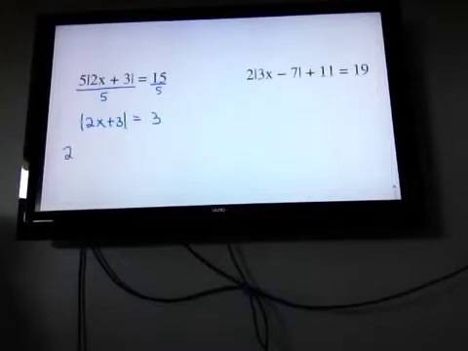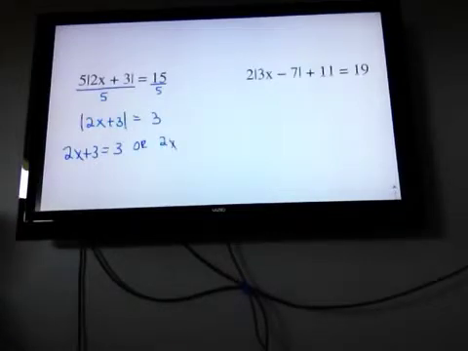So case 1, just drop off those bars. And in case 2, we switch that sign on the right to the opposite, so negative 3. And then we solve. So subtract 3.